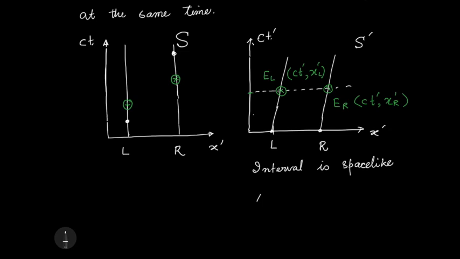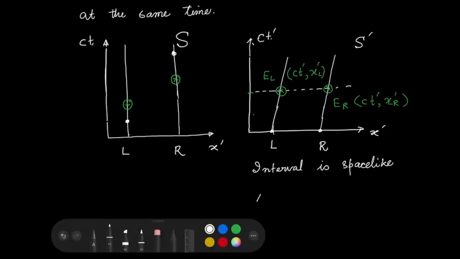So if I even calculate, let us not calculate the interval. You can calculate it. It's just minus (xr minus xl) whole square, but that's all right. These two space-like separated events happening at the two ends will not be simultaneous in the other reference frame. That's why I've drawn them at two different points.